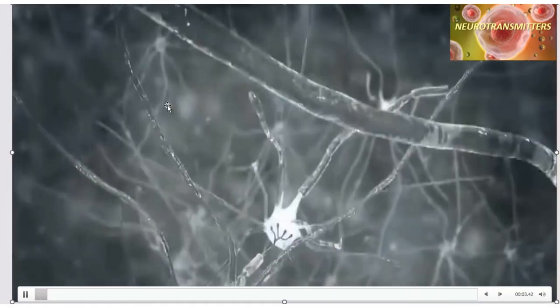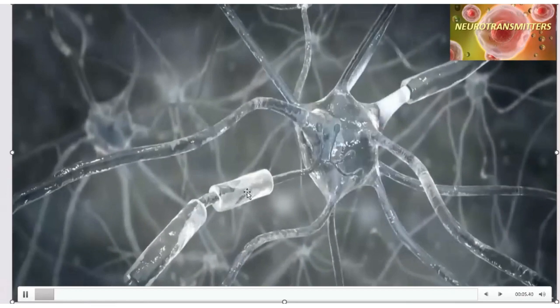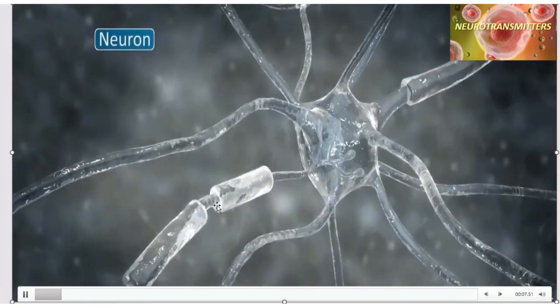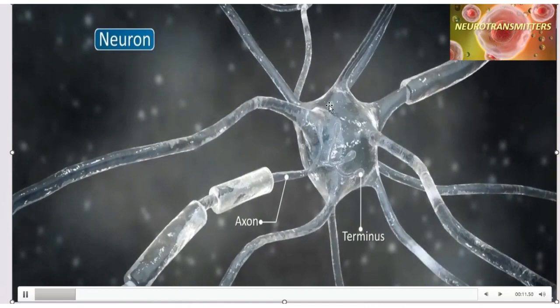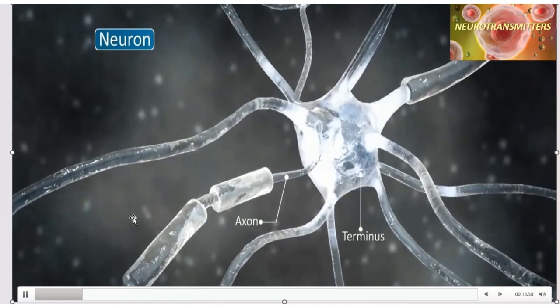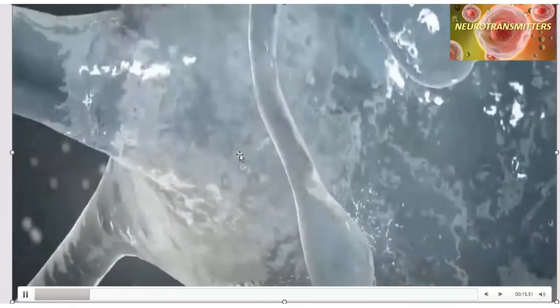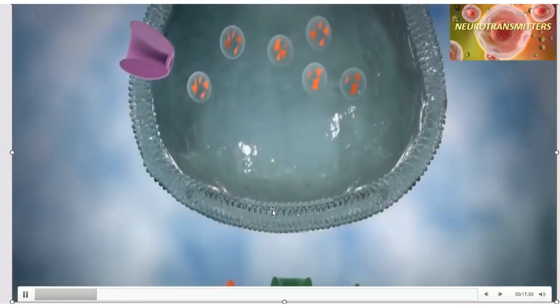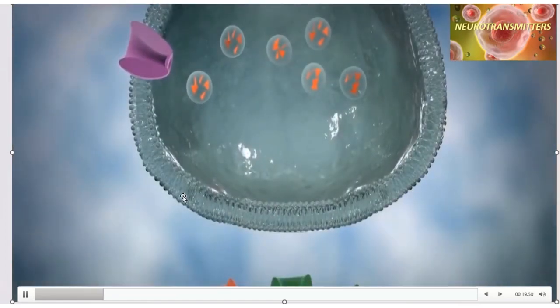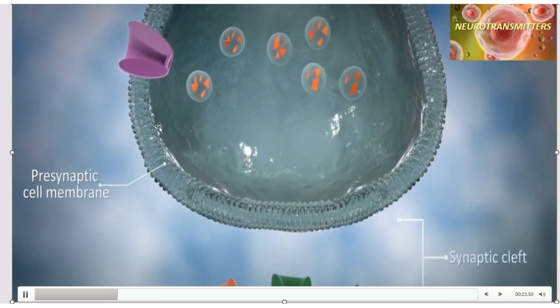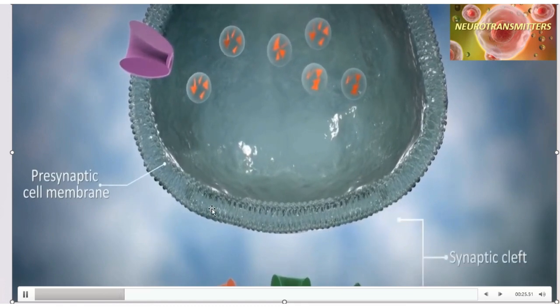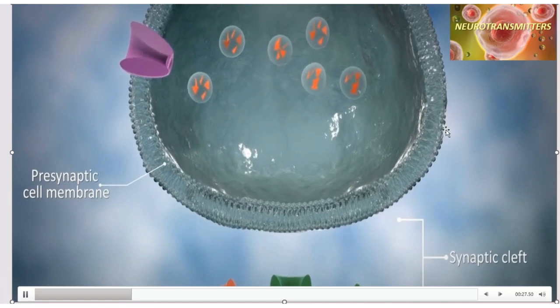See the nerve impulse. This is the axon, and this is the myelinated sheath. What you are seeing here is the cyton, and another cell's axon is coming and attached here. This is one part of the dendrite. This is the plasma membrane, in the sense the neurolemma.